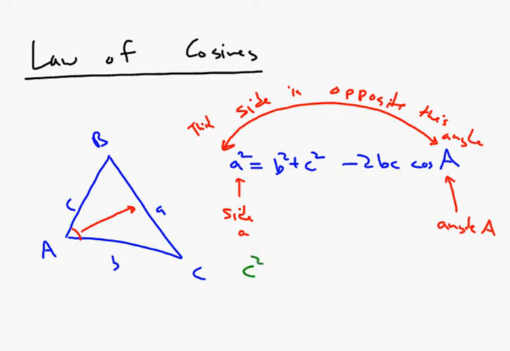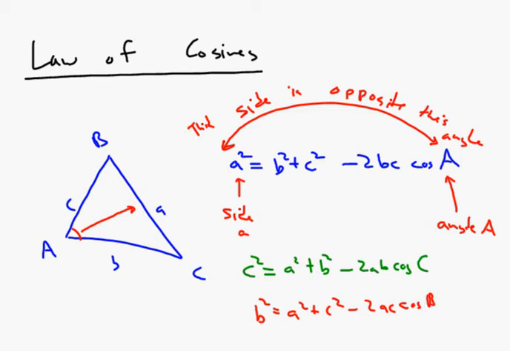You can say c squared equals a squared plus b squared minus 2ab cosine big C. Or you can write b squared equals a squared plus c squared minus 2ac cosine big B. And again, I'm acknowledging the rule that this side and this angle are opposite each other. You do that, you'll be fine. You'll never get law of cosines incorrect. Okay.